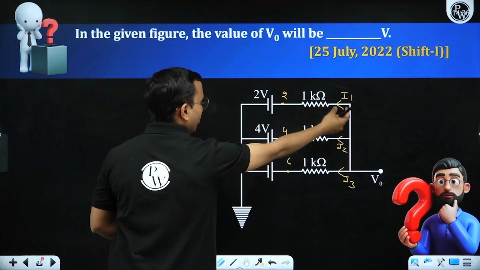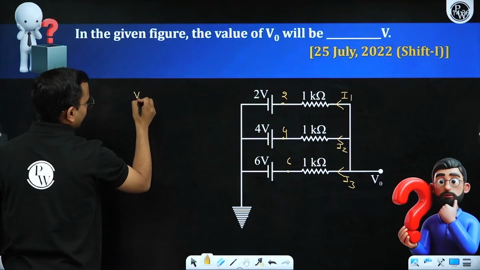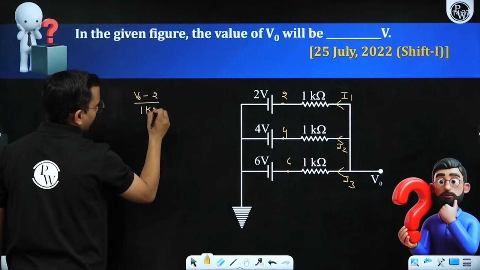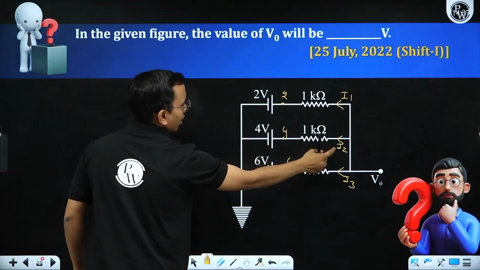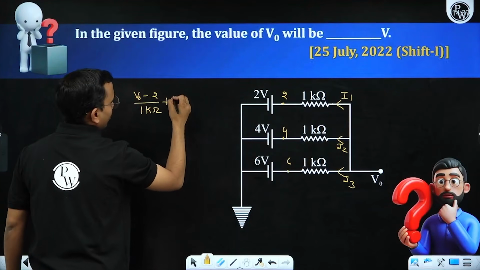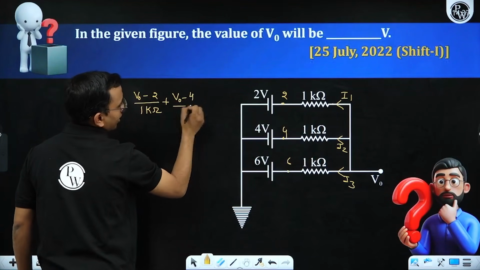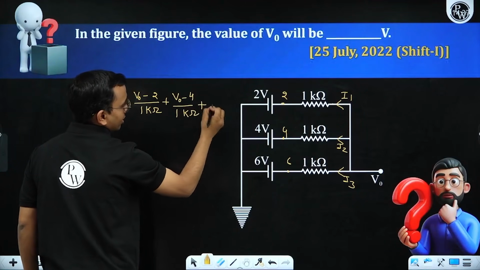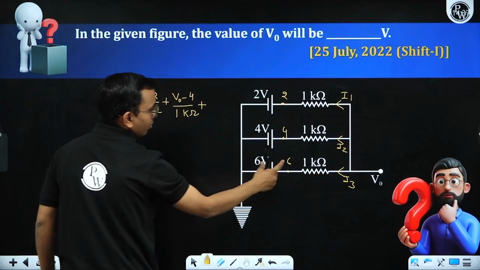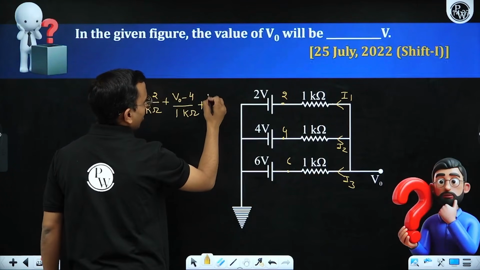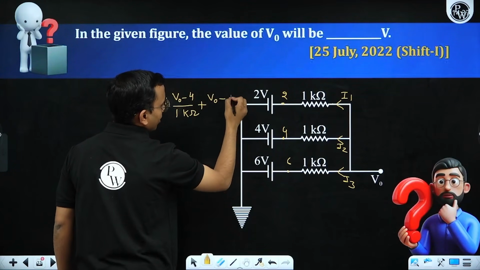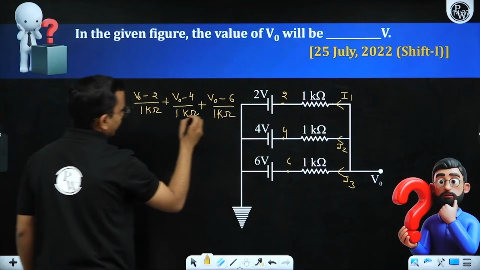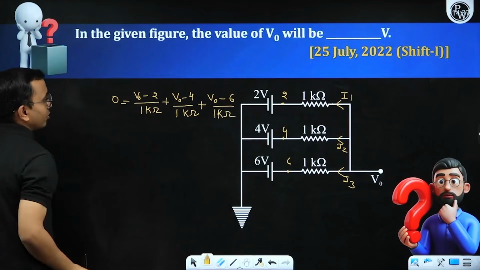So, I1 will be (V0 minus 2) divided by 1 kilo ohm. This is I1 plus I2: (V0 minus 4) divided by 1 kilo ohm, plus (V0 minus 6) divided by 1 kilo ohm, and this I1 plus I2 is equal to 0.